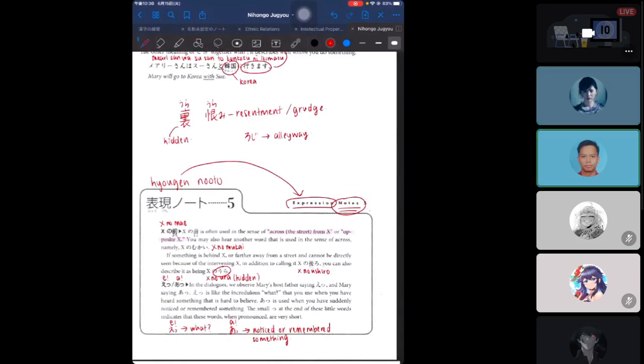Actually, bonus fact: remember the ura part? If you look at the compound kanji uraroji, I can confirm that the ura in uraroji is similar to the ura that we're seeing right now.